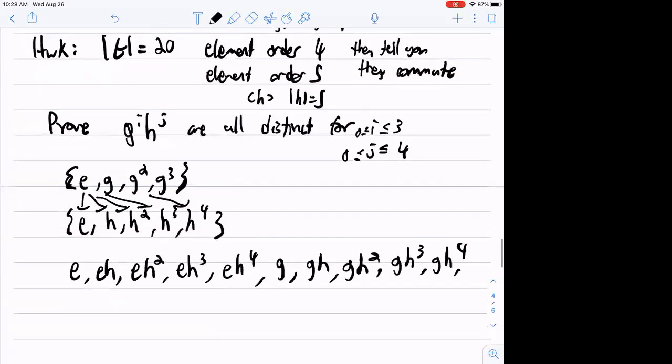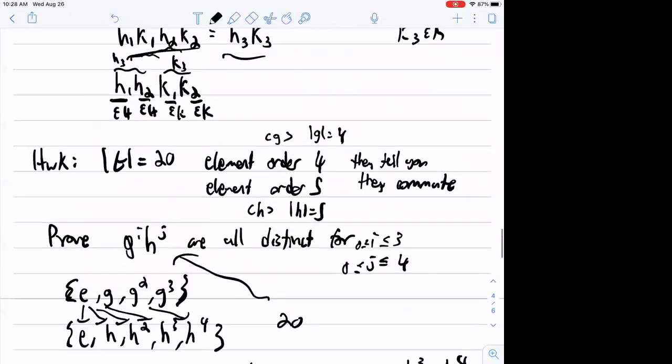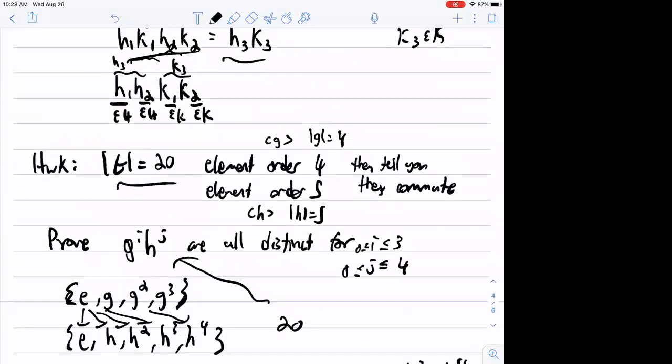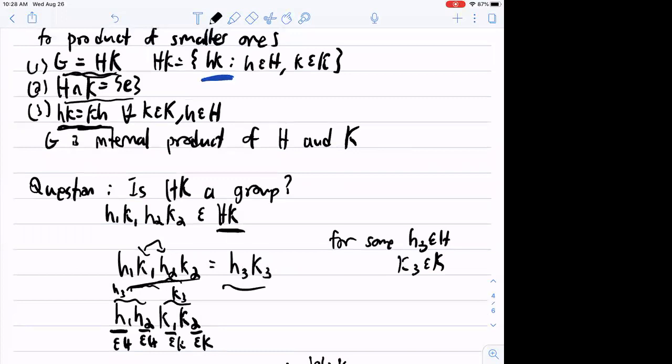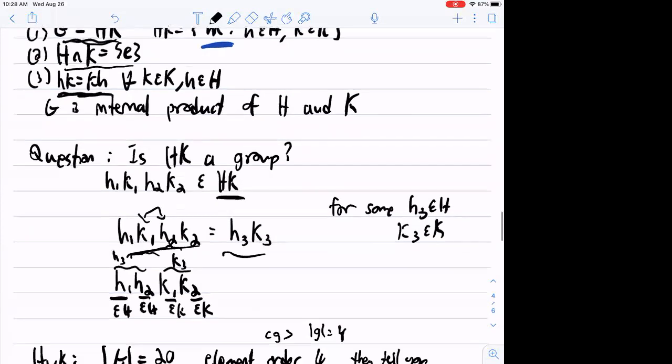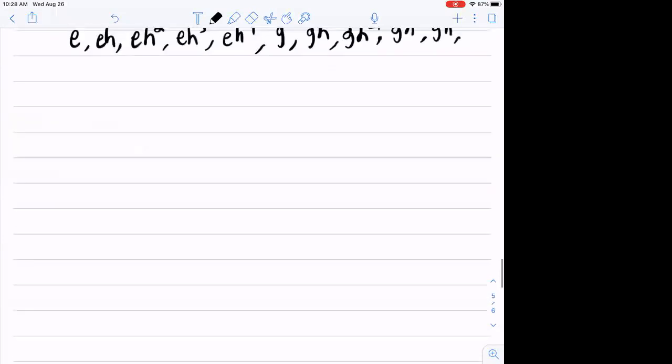And how many do you have? Well, you have 20 already, and your group's order is 20. So it must be that G is equal to HK. You prove it by just considering HK and showing that it's already 20 elements. So, okay, moving on.